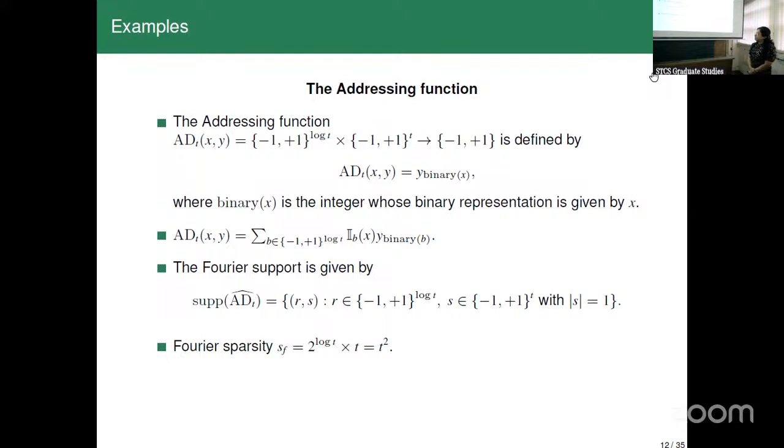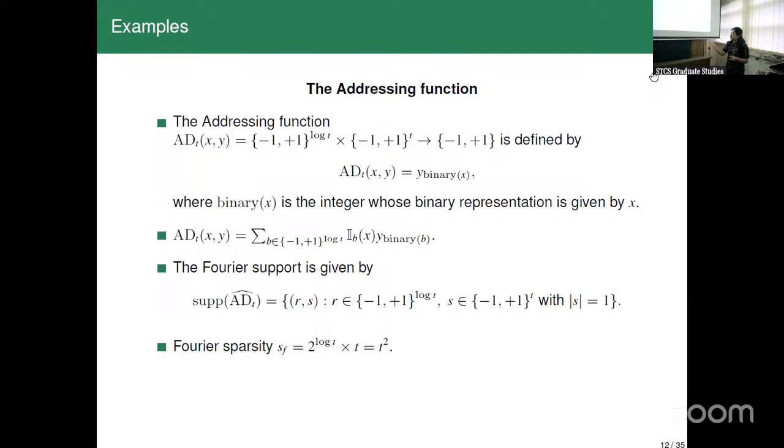So the Fourier support is given by this set. It is r comma s, where r is from the first part, that is minus 1, plus 1 to the power log t, and the second part is all those a's such that a has only one bit non-zero.